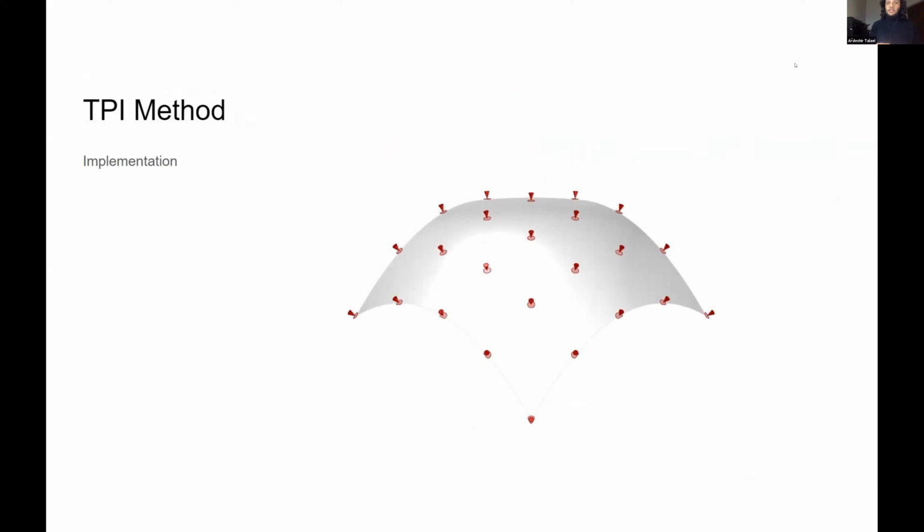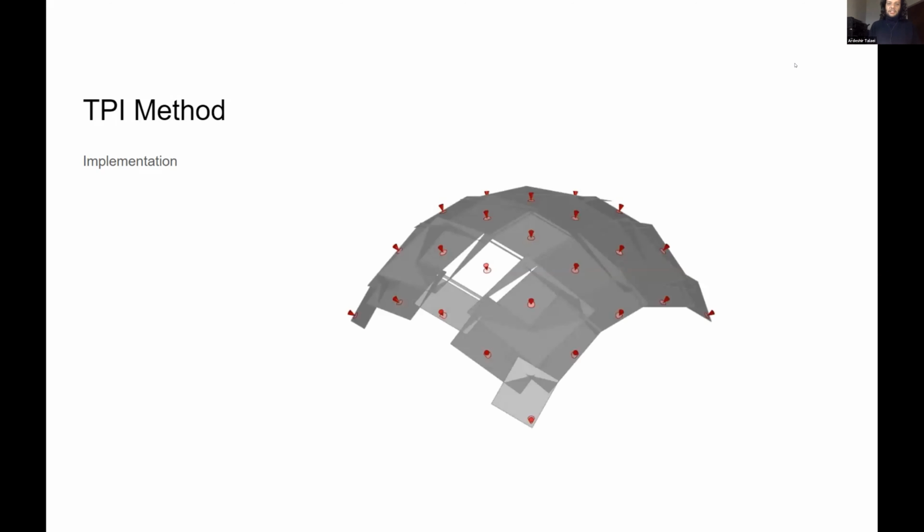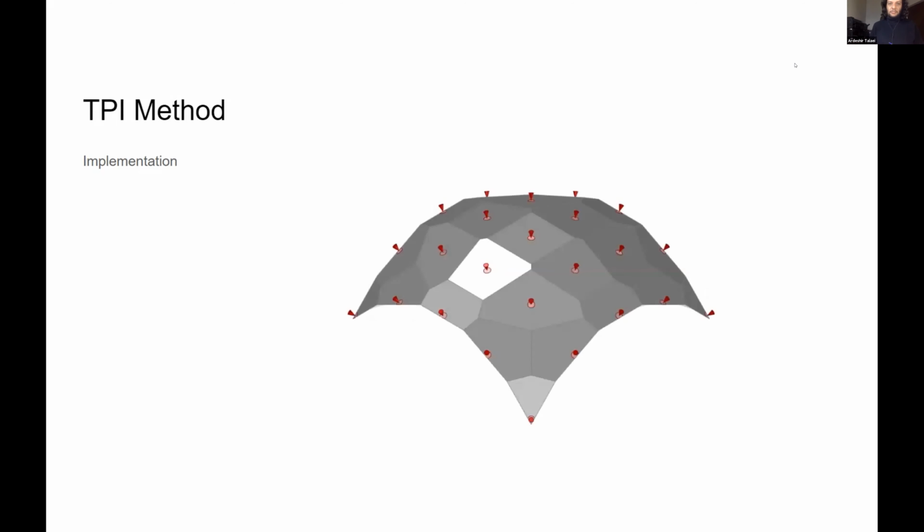It's just randomly, or maybe not randomly but very symmetrically, distributing points on the surface. The next step is to calculate the tangent plane to the surface at every one of these points. And then you can simply calculate the intersection between these tangent planes, and you will end up with a tessellation system.